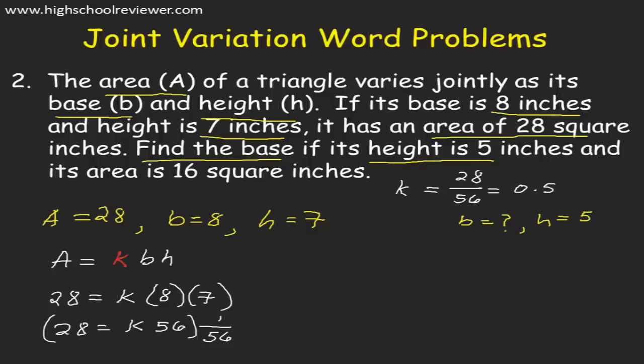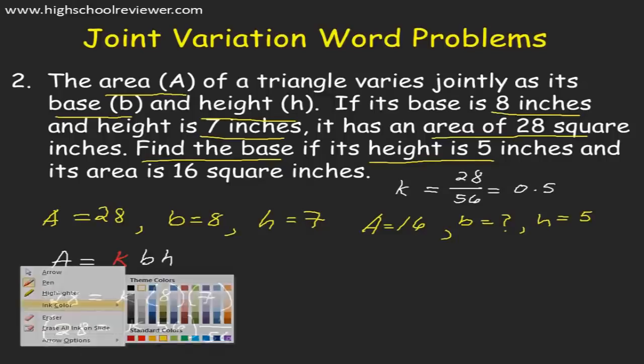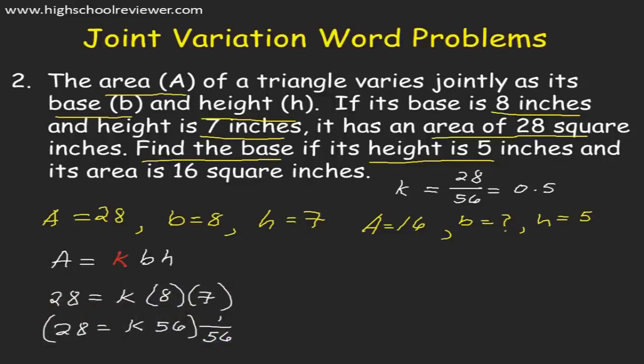And its area, we have a second value for area, which is 16. So given A is 16, H equals 5, and K is 0.5, we can now find the value for B.